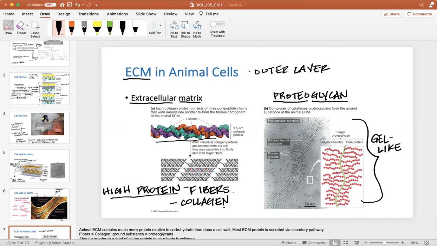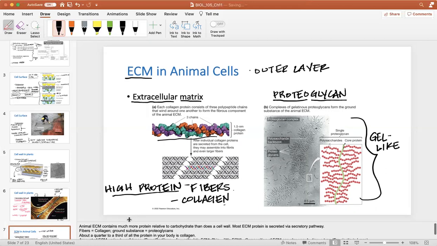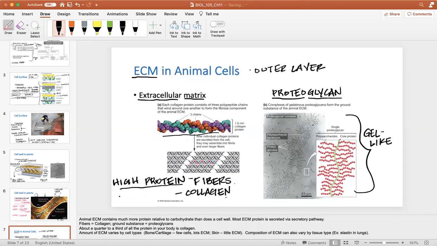All right, now I have some notes for you about the animal extracellular matrix here, so let's take a look at those if I can. Here we go. So the animal extracellular matrix contains much more protein relative to carbohydrate than does a plant cell wall. Another thing to note is that most of the extracellular matrix protein is secreted via the secretory pathway.